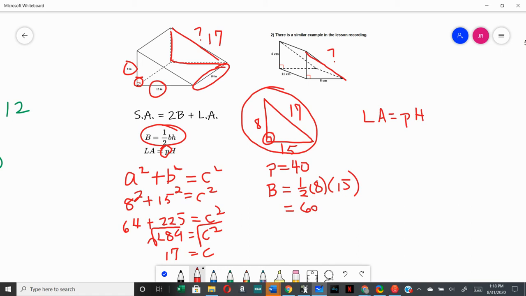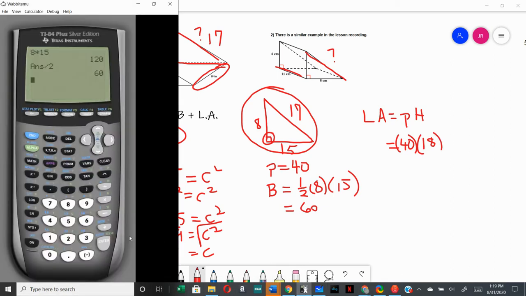So you get the idea right there of what your height is going to be. So this is perimeter of the base, which is 40, times the height, which is 18. So my lateral area, on my calculator again, 40 times 18 is going to be 720.